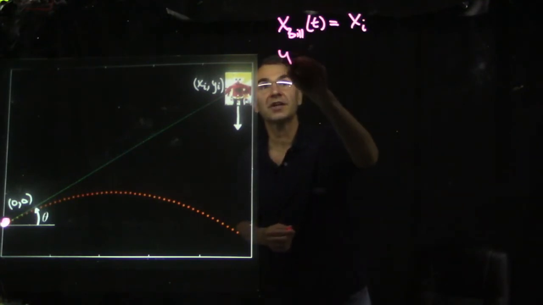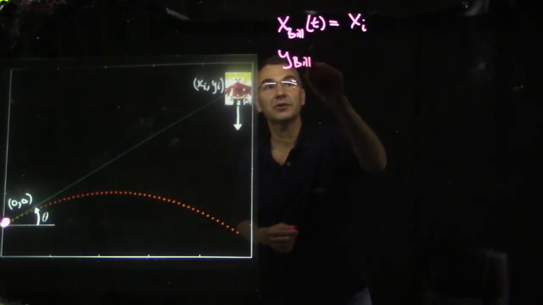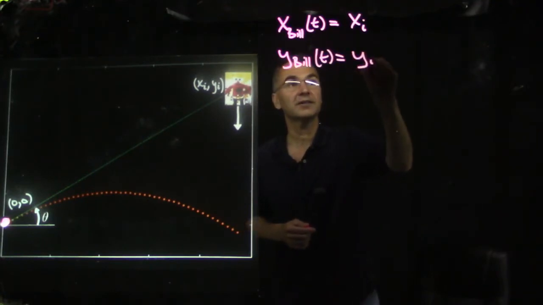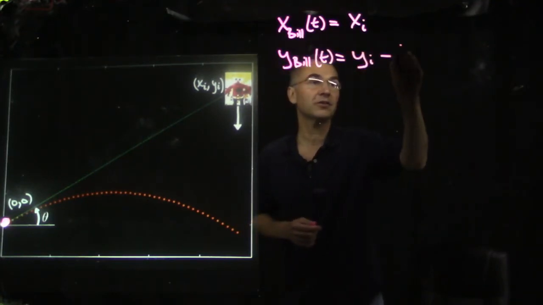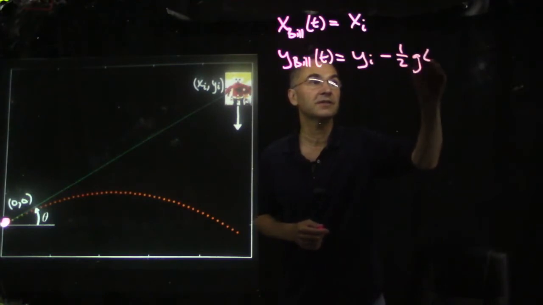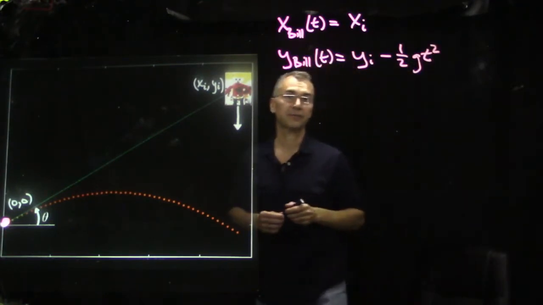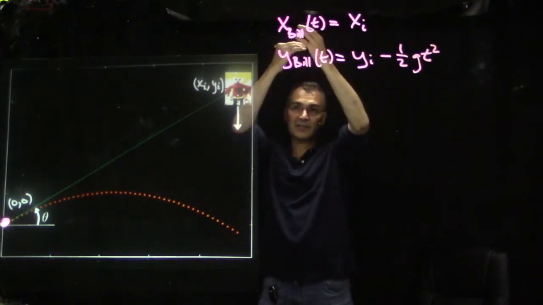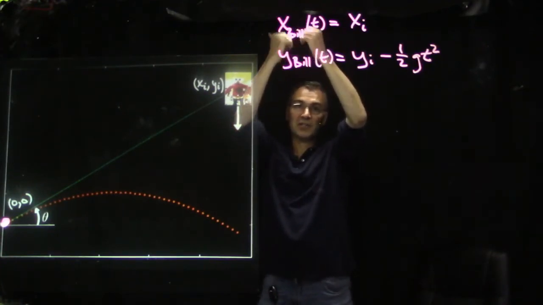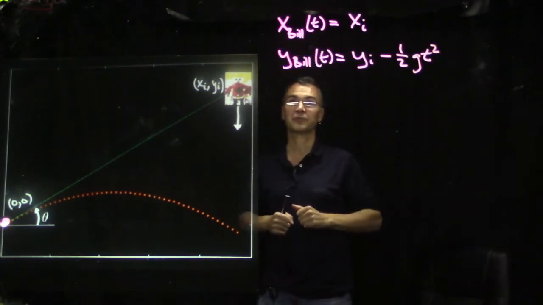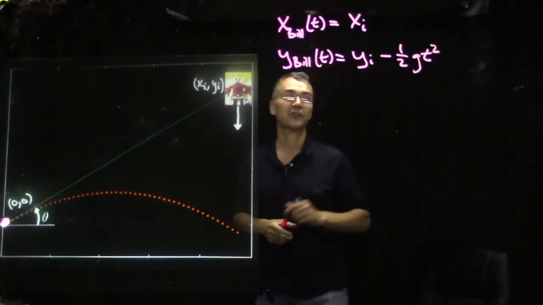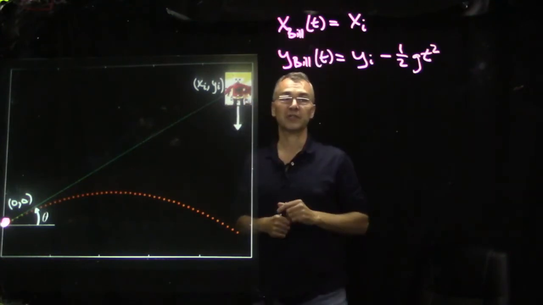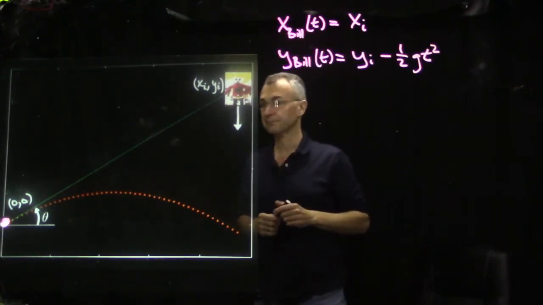And then we can say y of Mr. Bill versus time is y initial, and then minus 1/2 gt squared, because he just releases his grasp on the tree. He's not pushing himself vertically. So he starts with 0 initial speed, but he lets go of the tree at time 0.